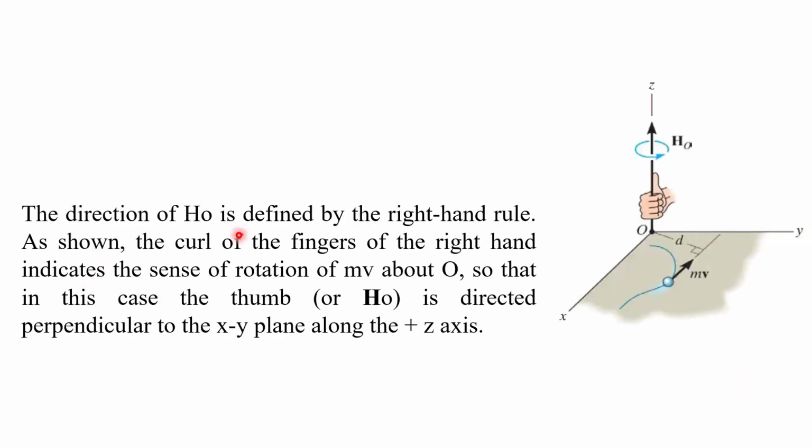The direction of H_O, that is angular momentum, is defined by the right-hand rule.